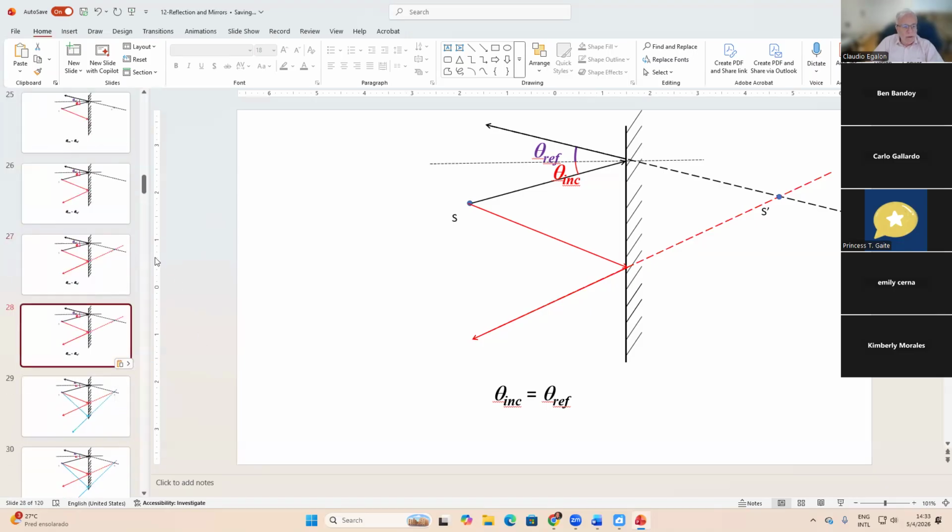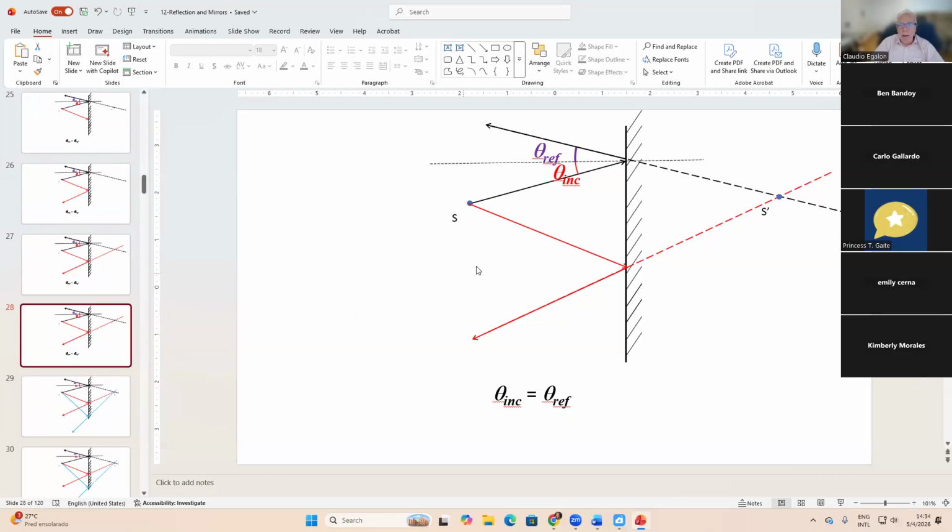Note that the extension of this second reflected light ray coincides with the extension of the first reflected light ray. And that's exactly at this point where the image is seen to be formed. Okay?